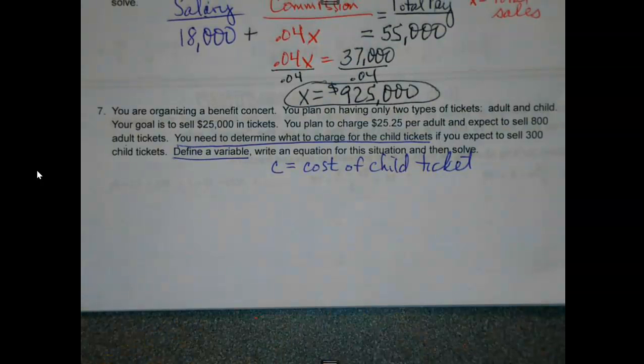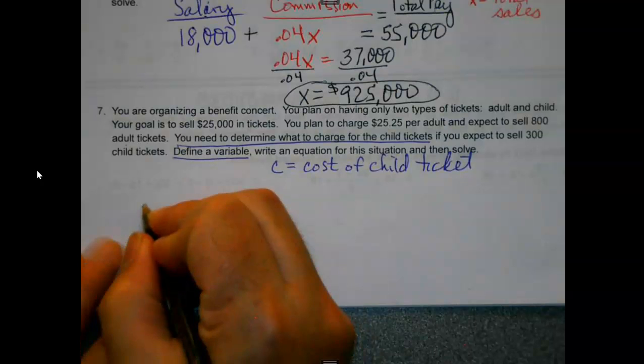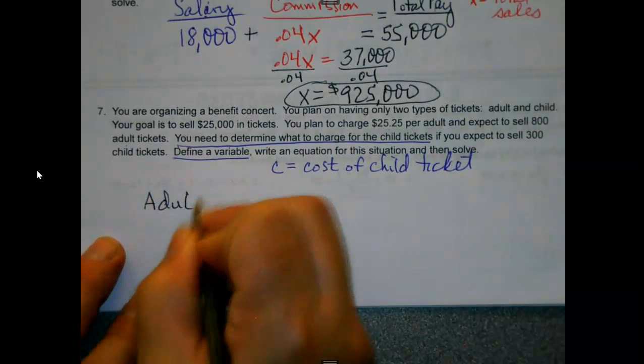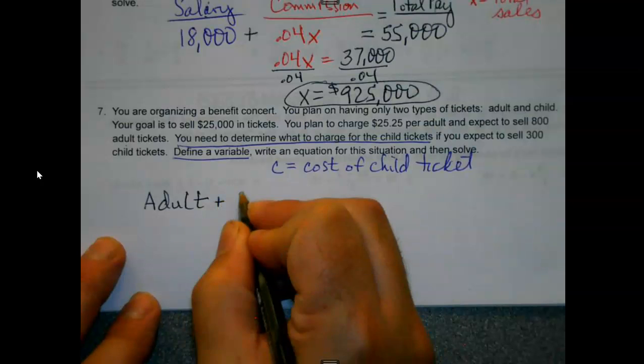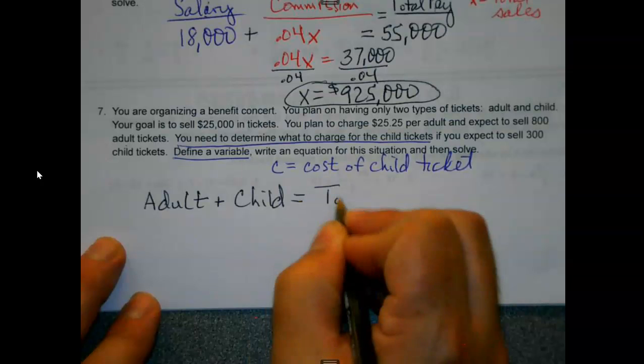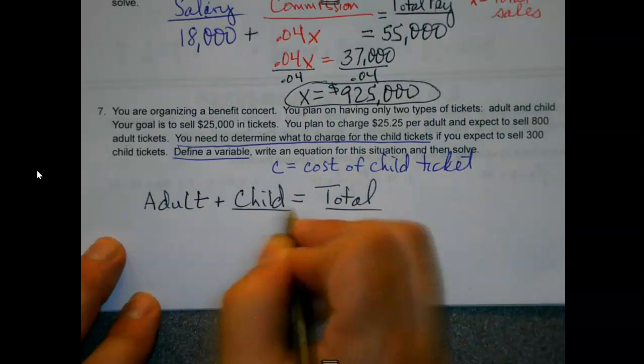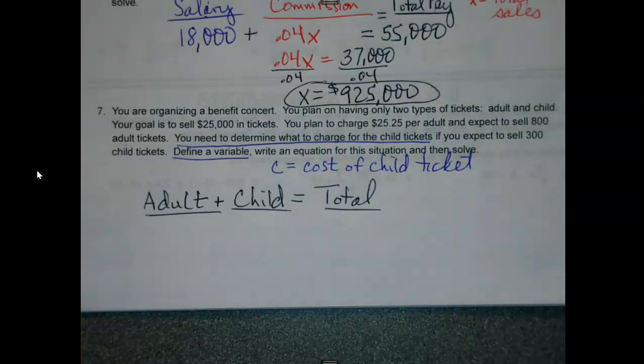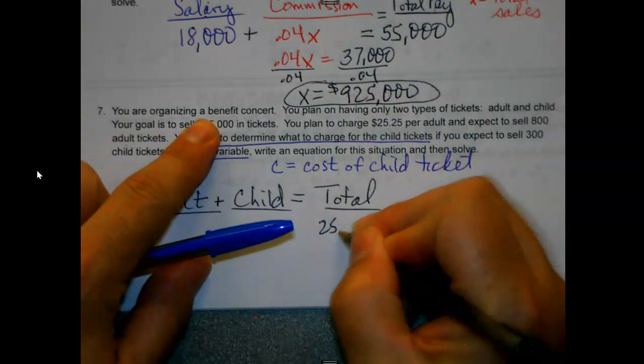So if I want to go back again, I'm like, okay, I got some adult tickets, and I got me some child tickets, and that's going to get me my total. If I wanted to be really general, I could put revenue because it looks like I know tickets and prices. So if I want to know how much the adults are bringing in and how much the children are bringing in to get me to my total, which I know is 25,000.